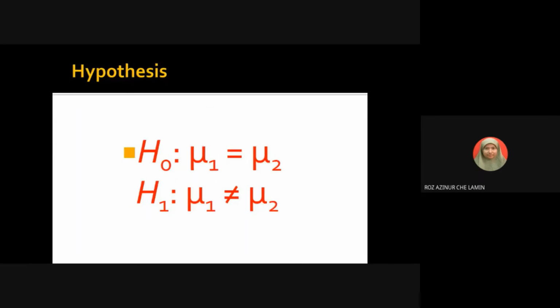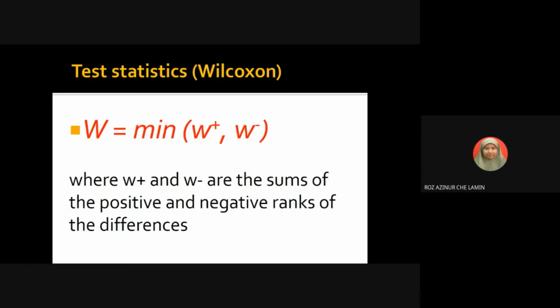The test statistic for Wilcoxon, W, is the minimum of W plus and W minus, where W plus and W minus are the sums of the positive and negative ranks of the differences.